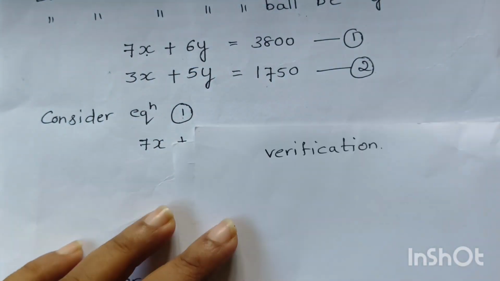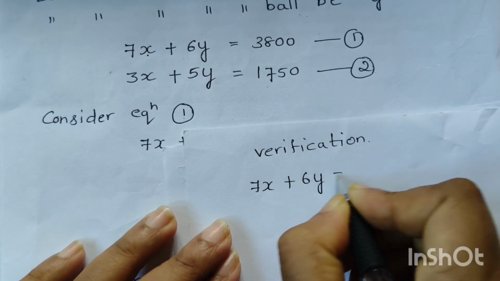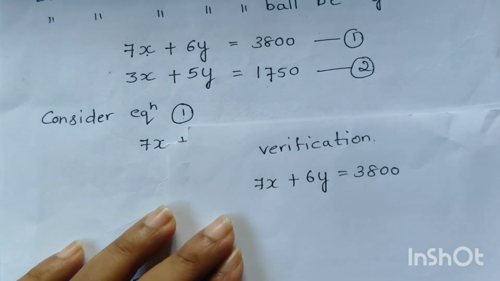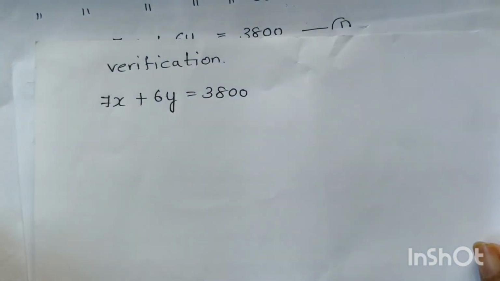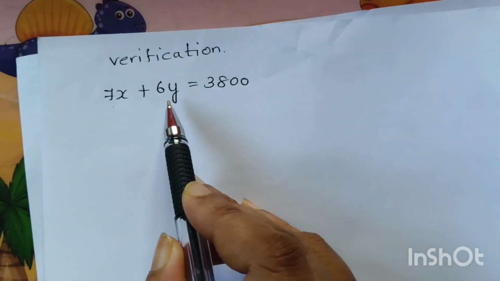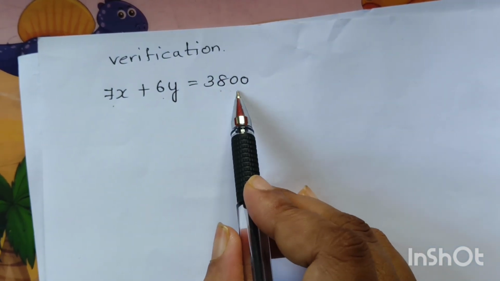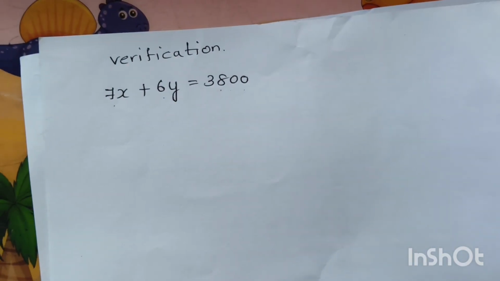7x plus 6y is equal to 3800. Means the coach of a cricket team, what will he do? He will purchase 7 bats and 6 balls, and he will pay 3800 rupees to the shopkeeper.